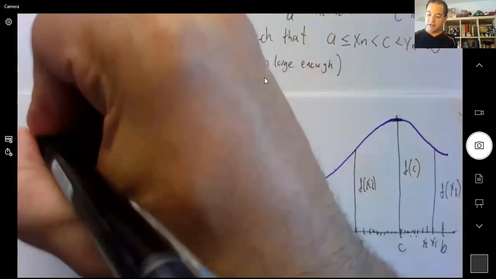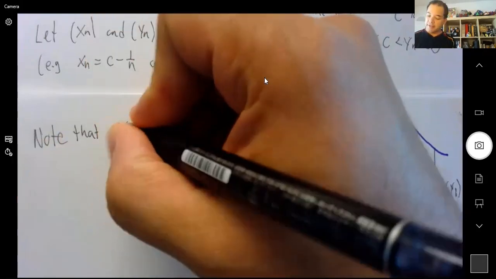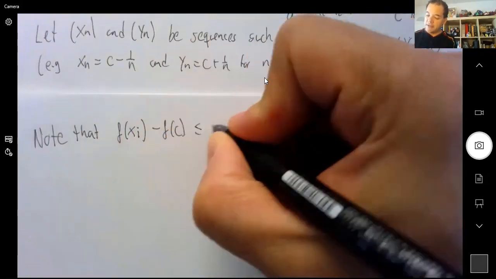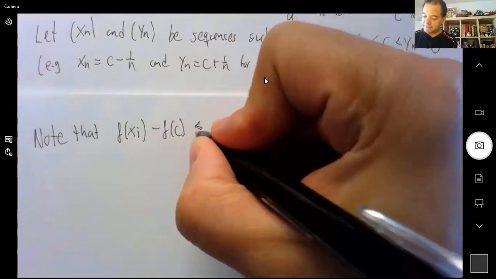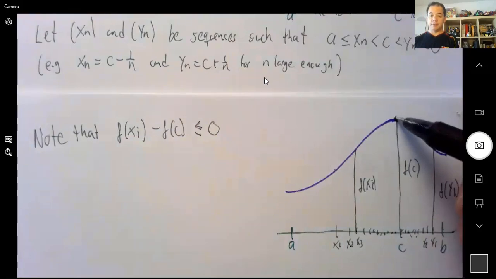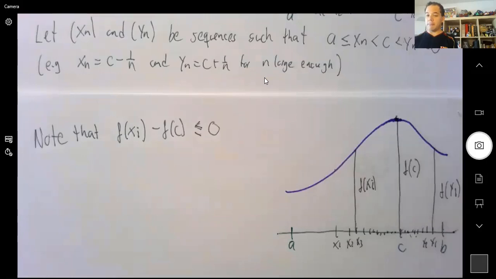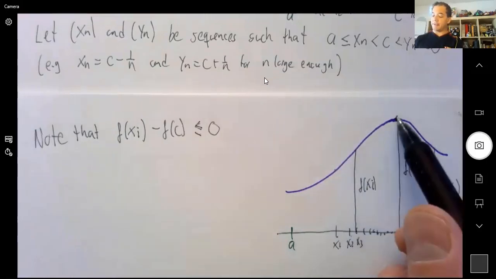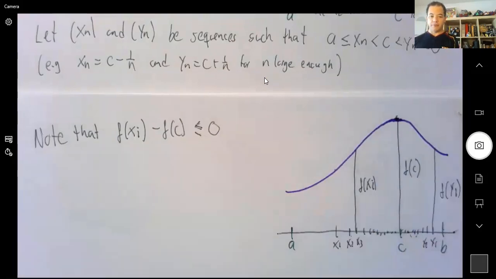So I'm going to write here, note that f of xi minus f of c is less than or equal to 0, right? Because this guy is the maximum. I mean, maybe some of them are as big. That can happen. It didn't happen in my picture, but it is possible for some of these heights to be as equally large as f of c. So equality is possible, right?